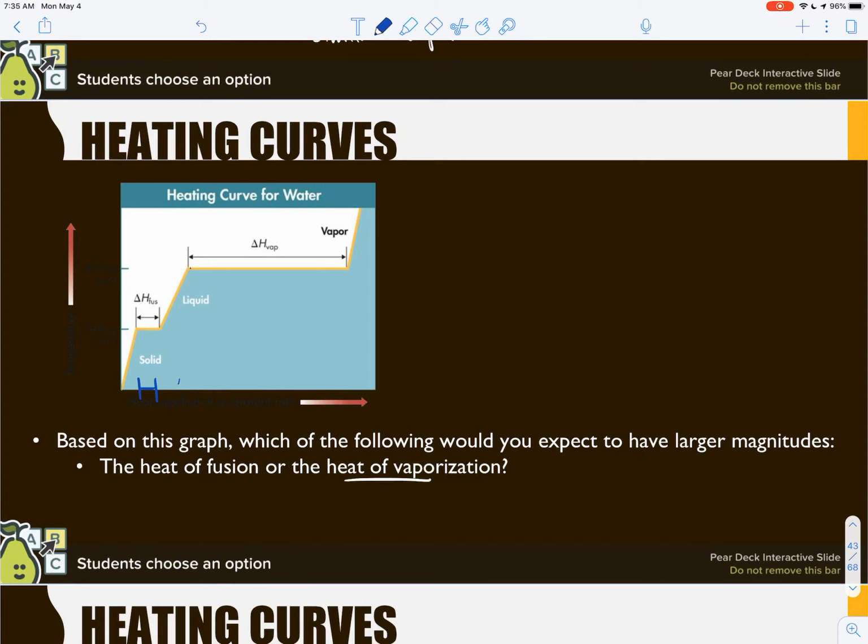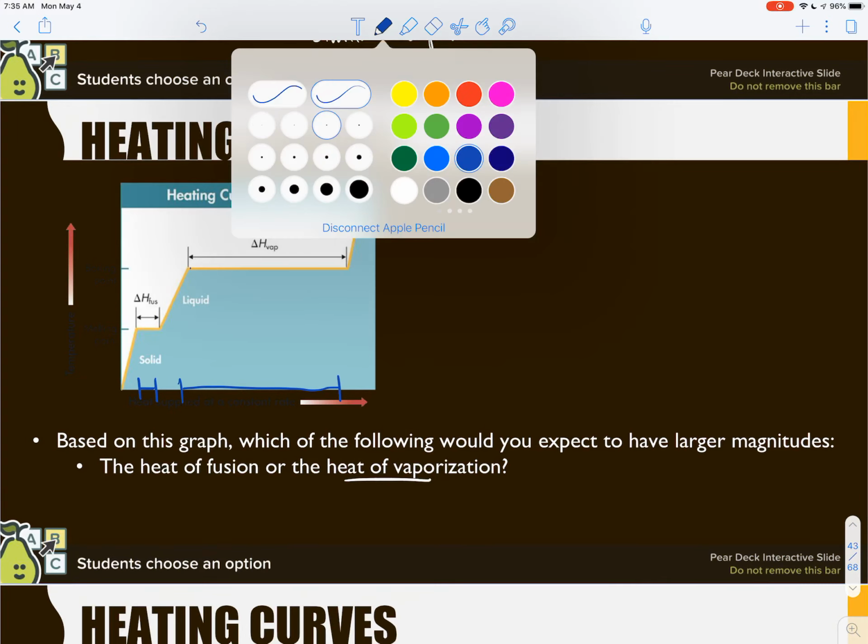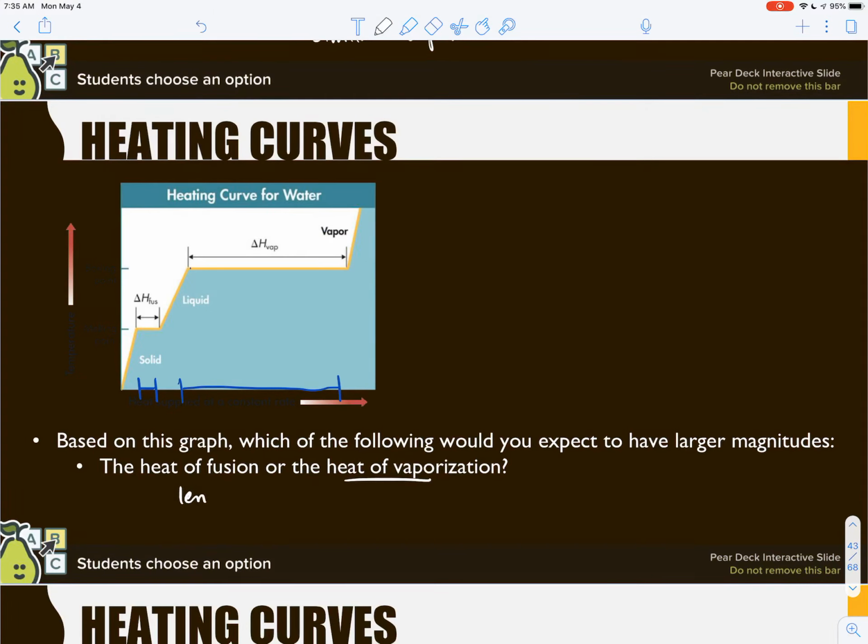Whereas in order to boil it, all of this heat was required. So we can see from the length of the phase change section how much heat was required for that phase change, which gives you a sense of the value of delta H for that substance.